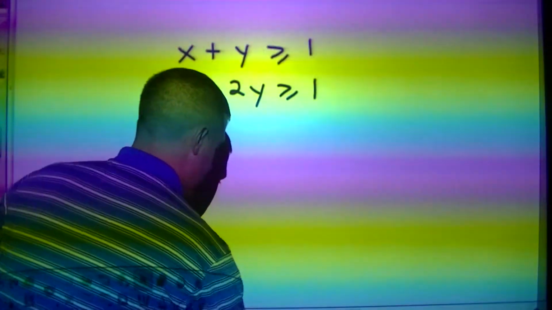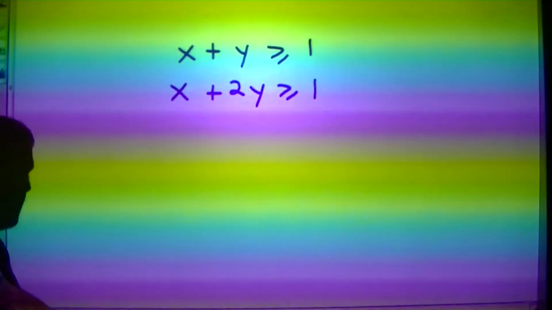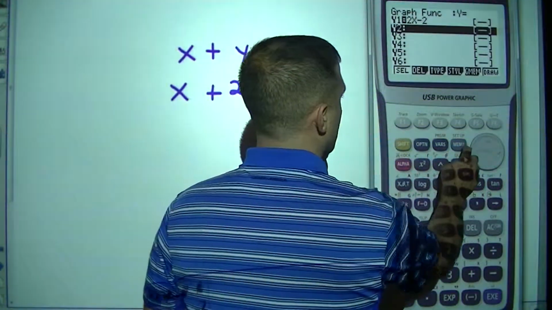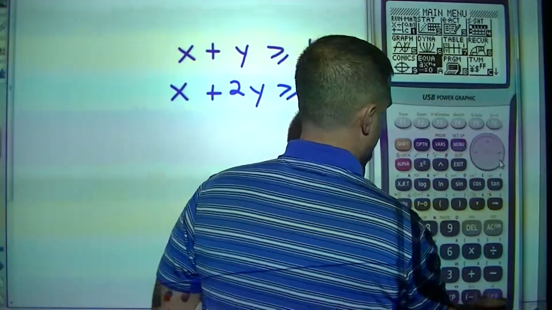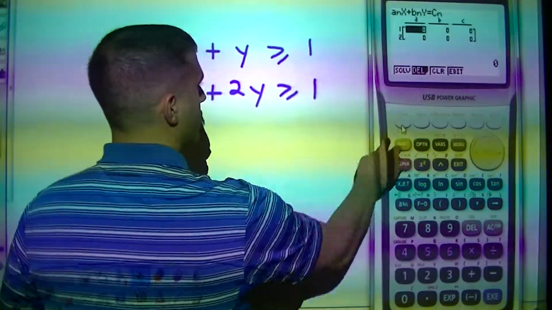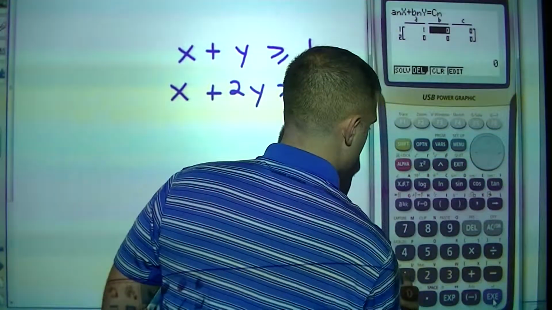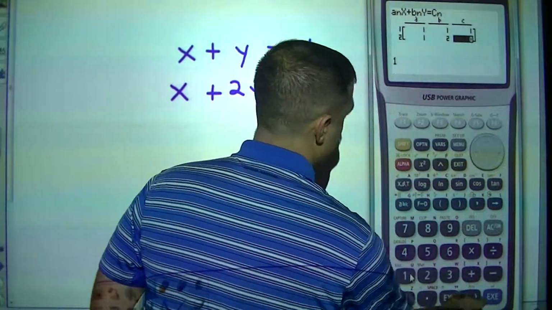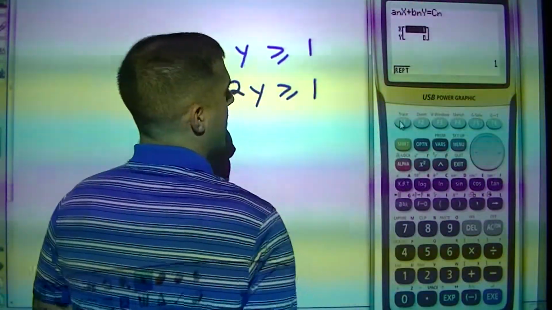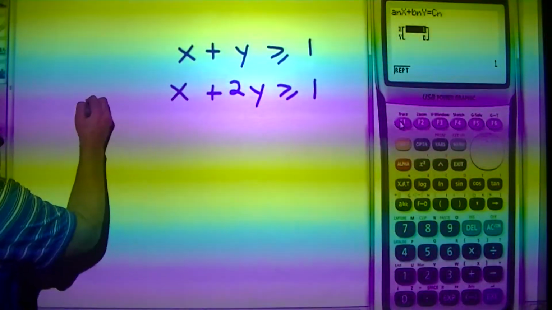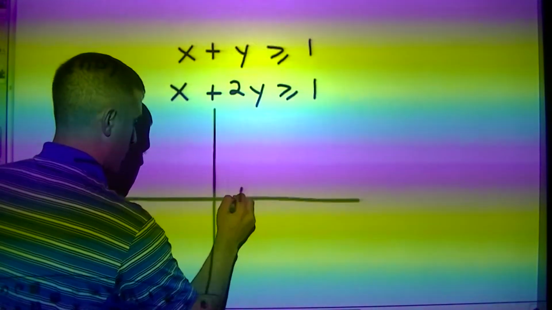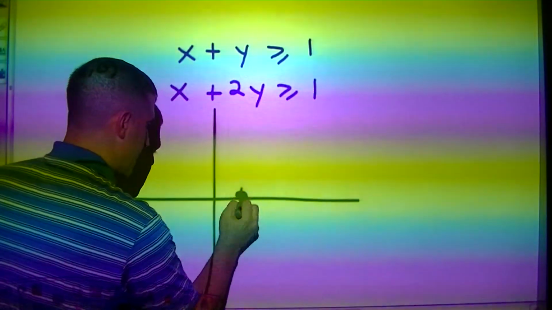This is the one where x and y are on the same side. What I'm going to do there is use the equal area. Simultaneous, 2 things: 1, 1, and 1. The next one is 1, 2, and 1. If I solve that, I get 1 comma 0. So 1 comma 0, that's my point right there.